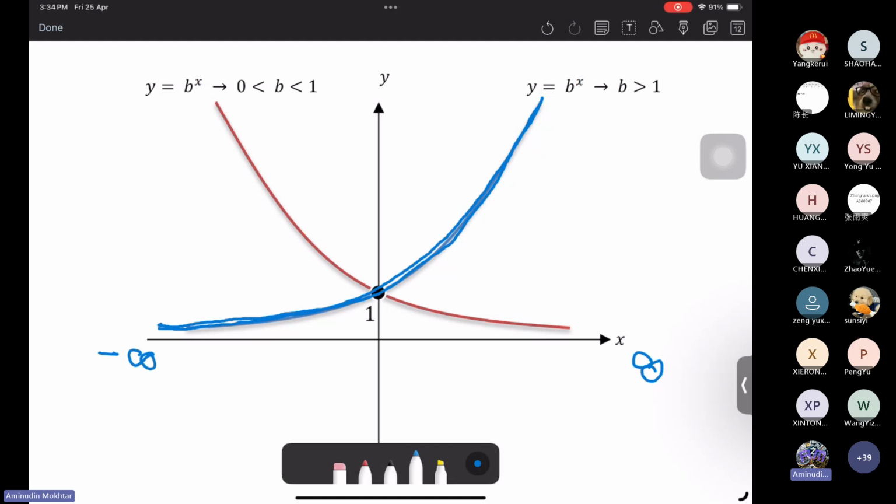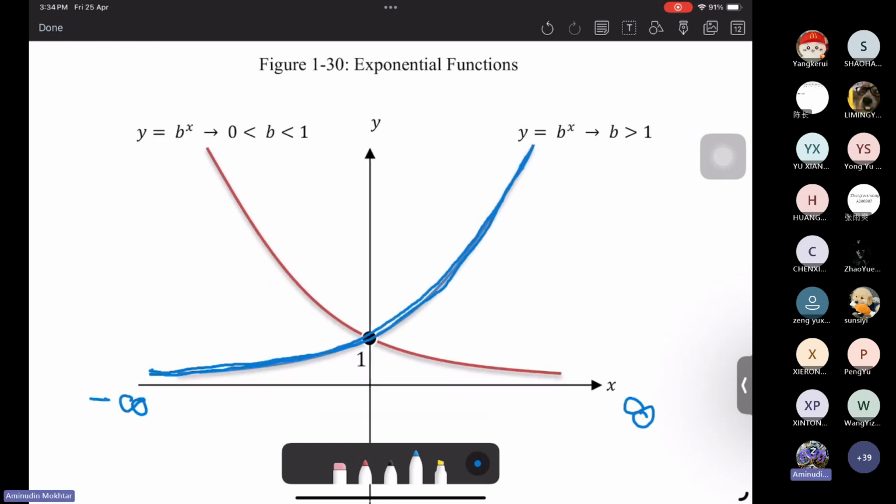In other words, the value of x can be negative infinity or positive infinity. So x can take any value. So when we draw the graph for exponent, make sure the graph is above the x-axis. That's what it means by the domain, the value of x.